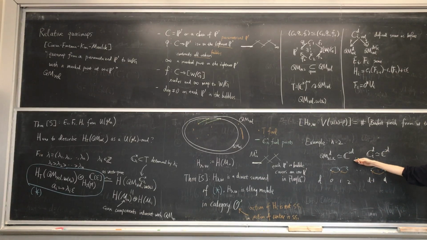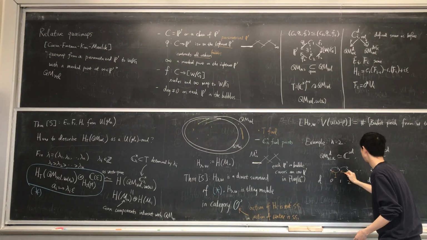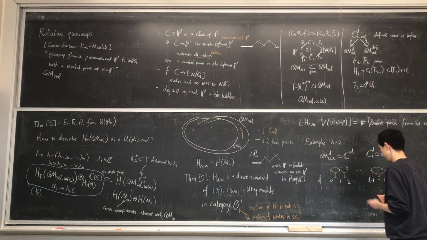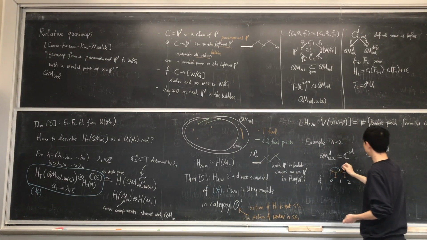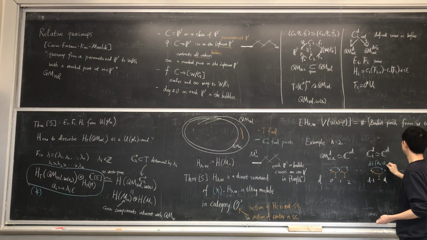So if you do this calculation of pullback and pushforward, you see that F always acts by 1, and E acts by d times epsilon and a2 minus a1 plus d epsilon.